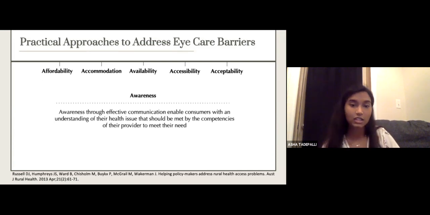So continuing education, taking the time to learn more about our field and how it relates to our patients allows us to provide better care. As they stated, awareness through effective communication enables consumers with an understanding of their health issue that should be met by the competencies of their provider to meet their need. So this helps us to be better equipped to address their needs.